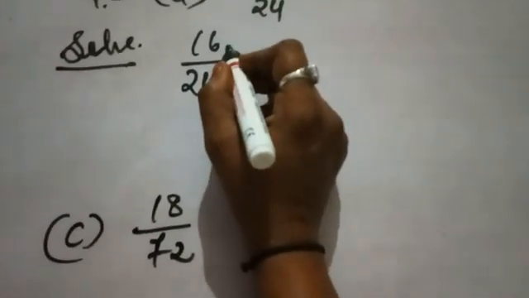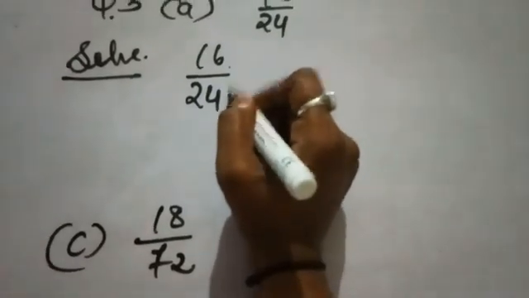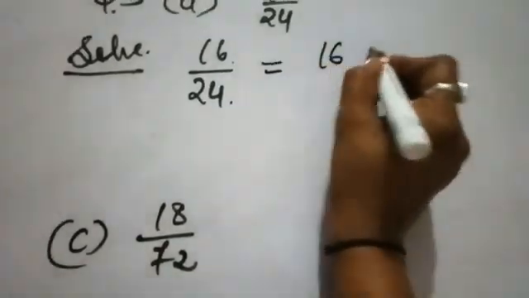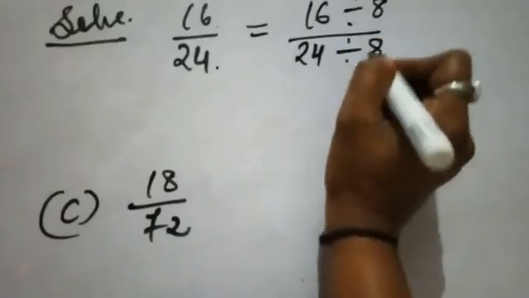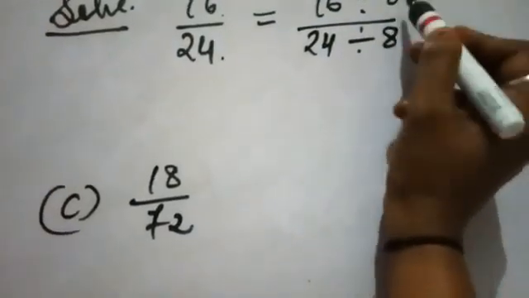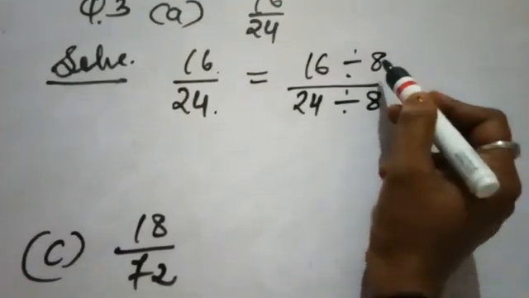When we see 8, the numerator is also divisible by 8 and the denominator is also divisible by 8. So you have to divide by the highest number. Both numbers we will divide by the same number for converting the given fraction into simpler form.